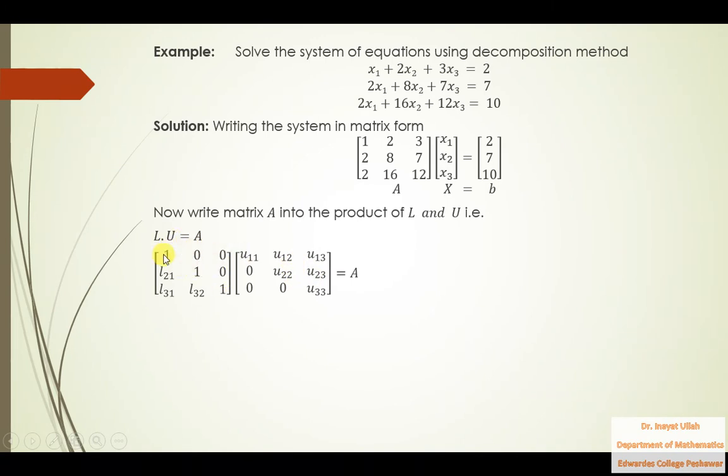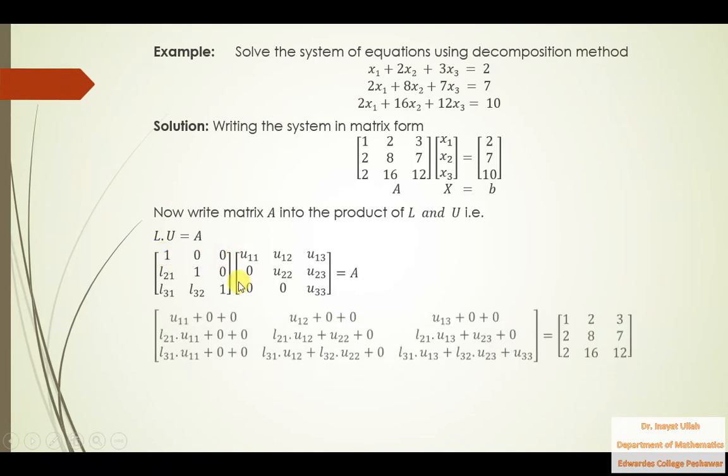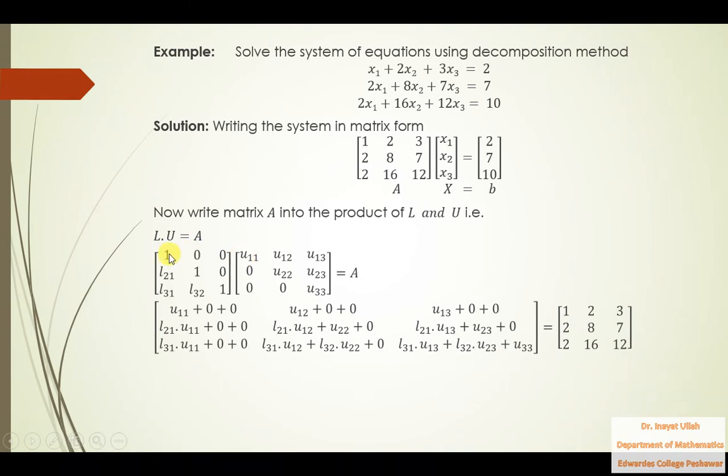How could we multiply? Multiply the first row with the first column. So 1 into U11 is U11, plus 0 into 0 is 0, 0 into 0 is 0. Now the first row is multiplied with the second column: 1 into U12 is U12, plus 0 into U22 is 0, and 0 into 0 is 0.